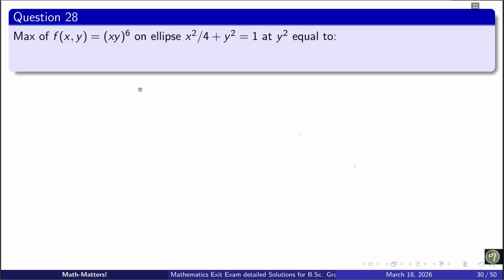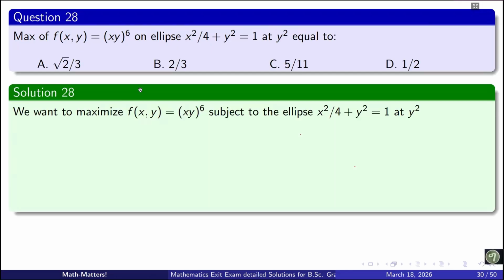Next, the maximum of f of x, y is equal to x squared y to the power of 6 on the ellipse x squared over 4 plus y squared is equal to 1. In order to find the maximum of this function subject to this ellipse, we want to maximize f of x, y subject to this ellipse.